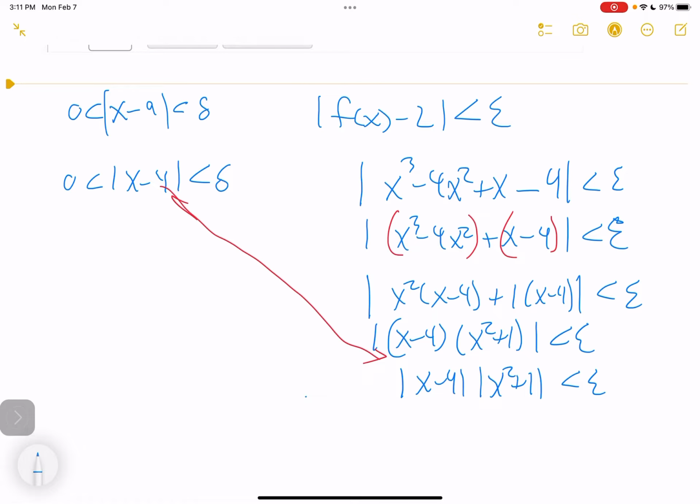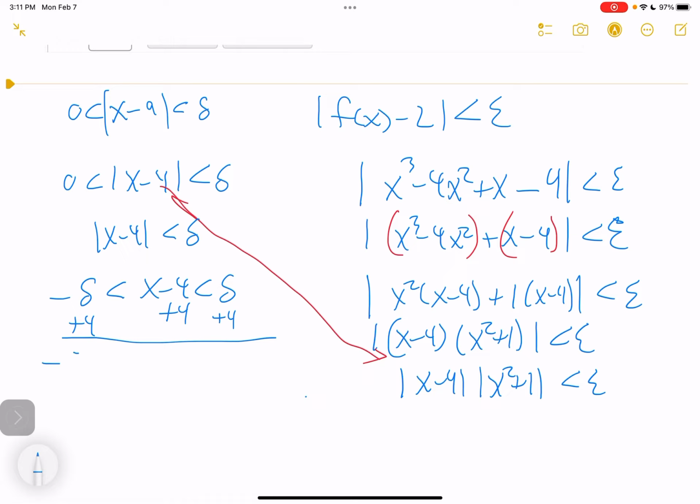And so let's go back and think of this as absolute value of x minus 4 is less than delta. And we could break out the absolute value to be negative delta is less than x minus 4 less than delta. And again, the goal is to make this say x squared plus 1. So I'm going to add 4 to all the parts.